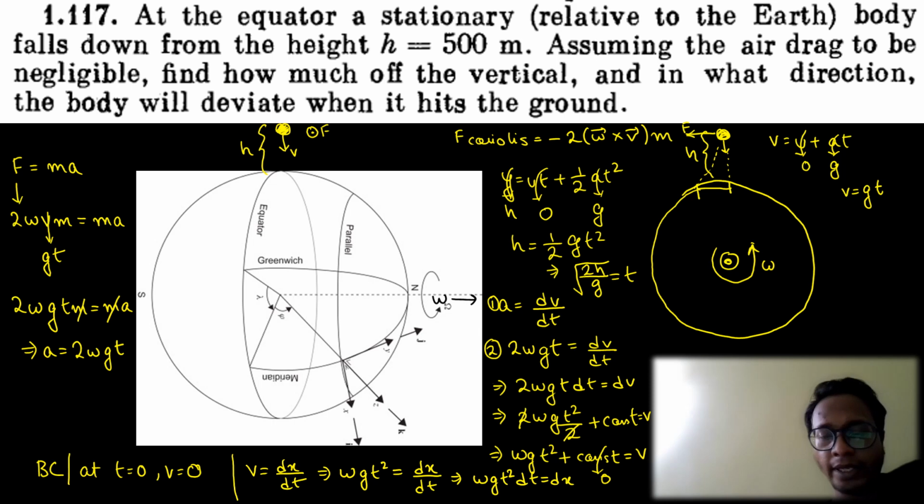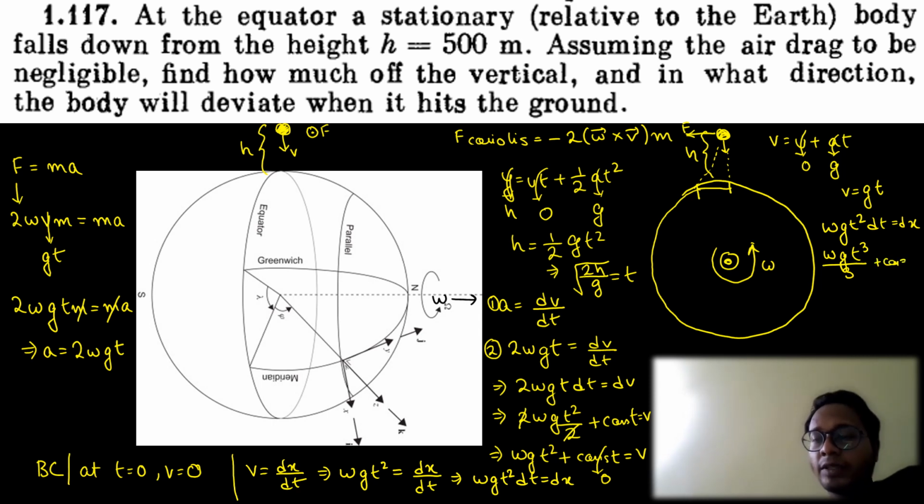I'm erasing this boundary condition, or rather solving this equation here, so that it doesn't become cluttered. Omega g t square dt is equal to dx. If we integrate it, it becomes omega g t cube by 3 plus constant is equal to x.